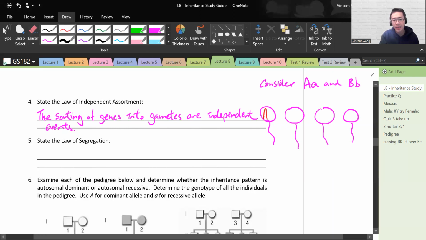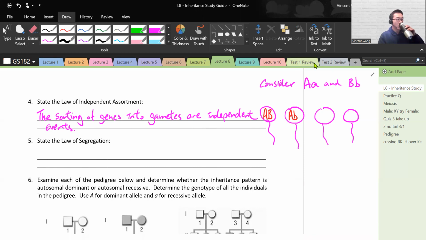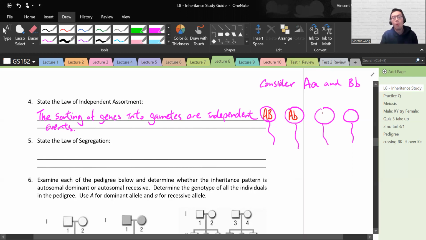Well, we can have big A, big B, for one of the sperms, one of the gametes. It's also possible to inherit a big A and a small b. Right? What are two other combinations here? Can someone help me, please? What other possible combinations if we're just looking at two sets of genes here?